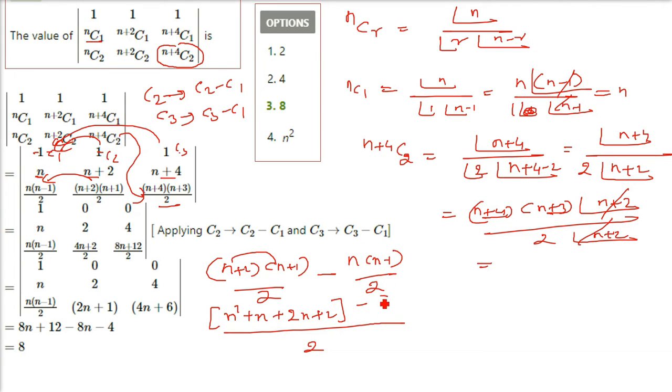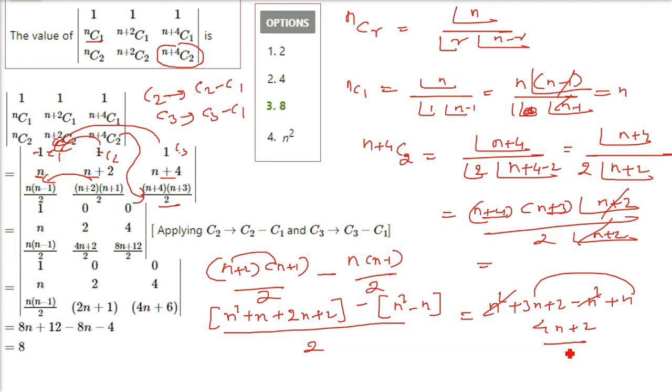Then you have n square minus n here, and then we have a negative sign, so we'll just open it. n square plus 3n plus 2 minus n square plus n. So n square gets cancelled. You get 3n plus n is 4n, 4n plus 2 divided by 2. You can take 2 common, and it will be 2 times 2n plus 1 divided by 2. 2 gets cancelled. You get 2n plus 1. I hope you got the idea how this 2n plus 1 has come.